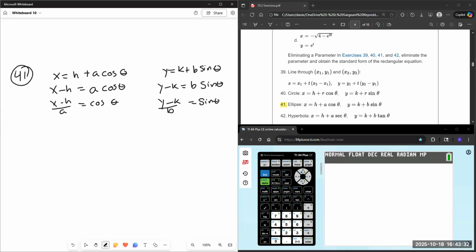And I want the x part first, so cosine squared theta plus sine squared theta is going to be equal to 1. So x minus h squared over a squared plus y minus k squared over b squared is equal to 1.